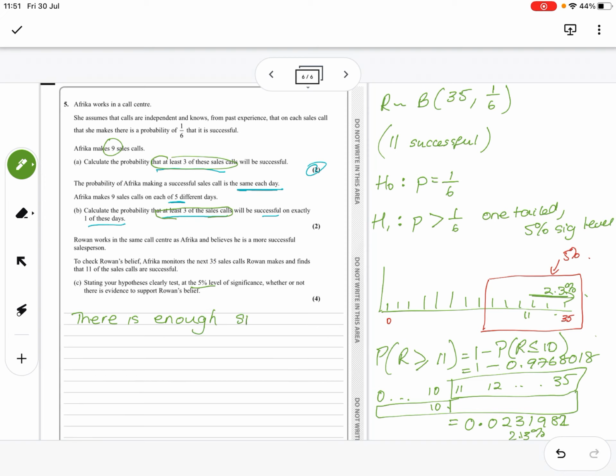So there is enough significant evidence. And then look back at your question, whether or not there is evidence to support Rowan's belief.